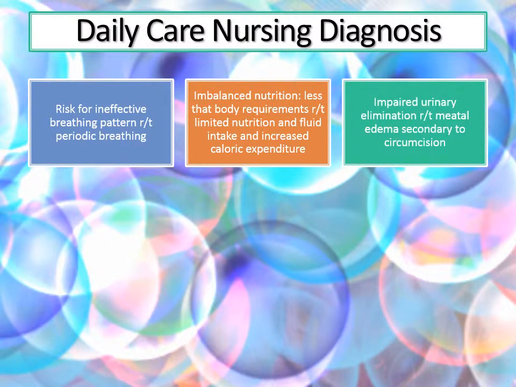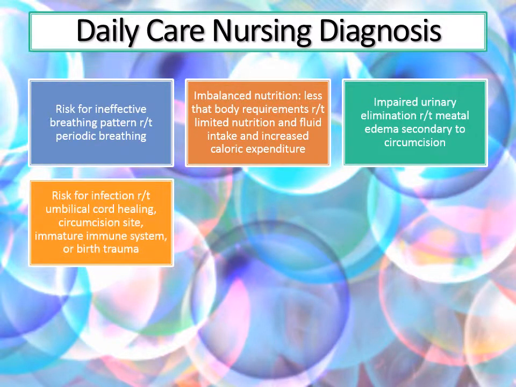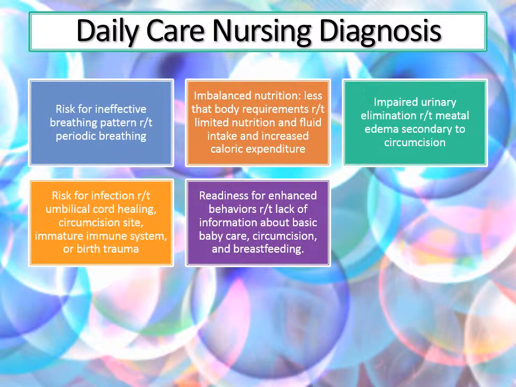Impaired urinary elimination related to meatal edema secondary to circumcision. Risk for infection related to umbilical cord healing, circumcision site, immature immune system, or birth trauma. Readiness for enhanced knowledge related to lack of information about basic baby care, circumcision, and/or breastfeeding.